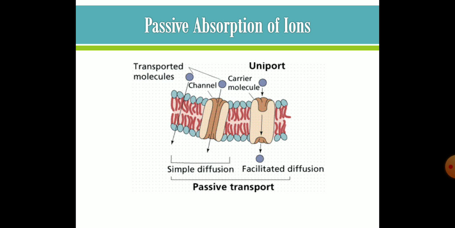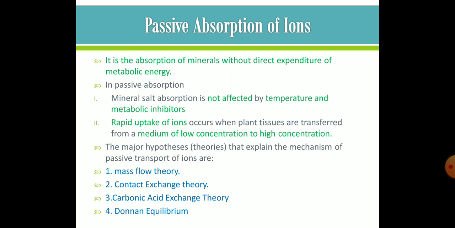Across the plasma membrane, the molecule is transferred by simple diffusion, or through the carrier concept, or through facilitated diffusion. This is how passive absorption of ions takes place.